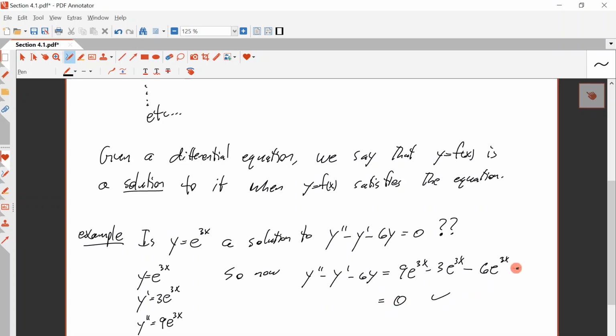So it is a solution because it satisfies that equation to this differential equation.